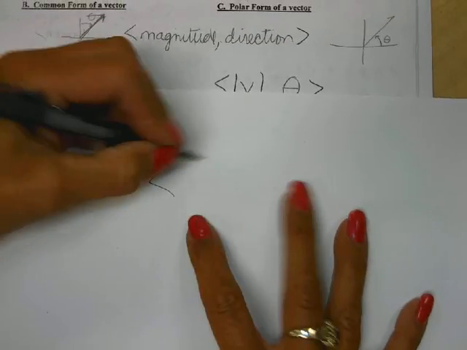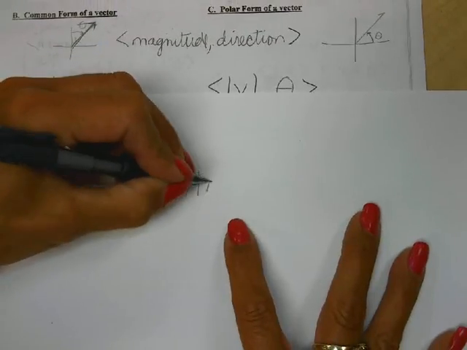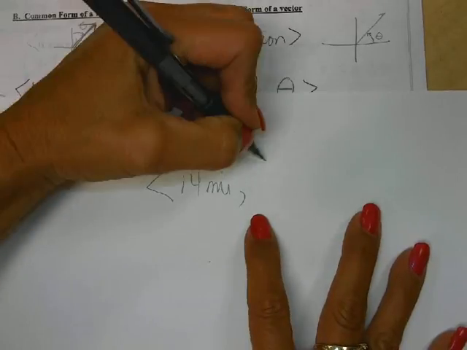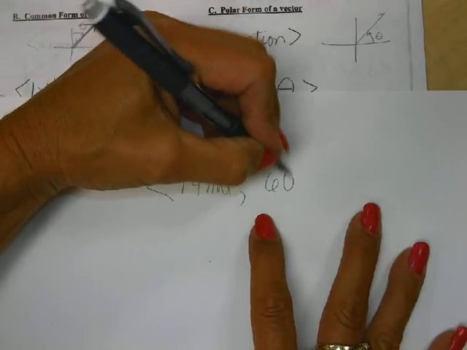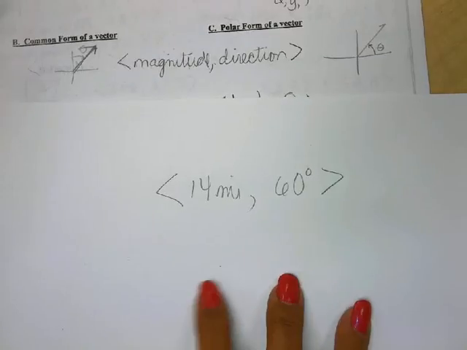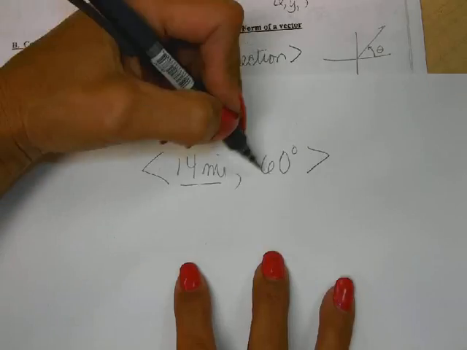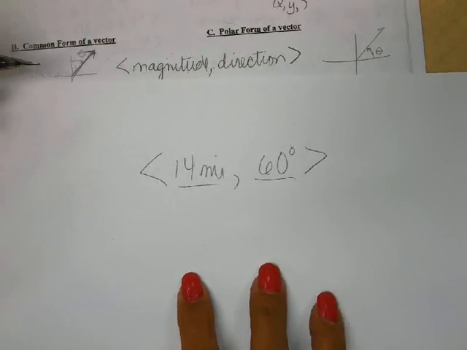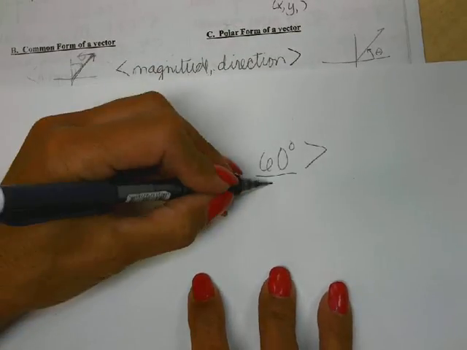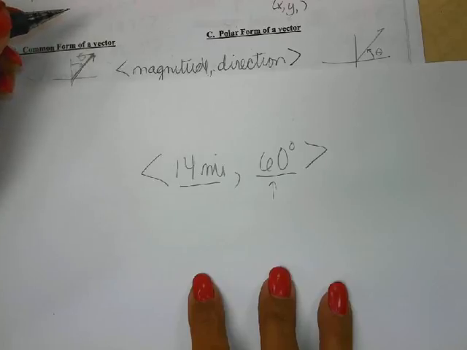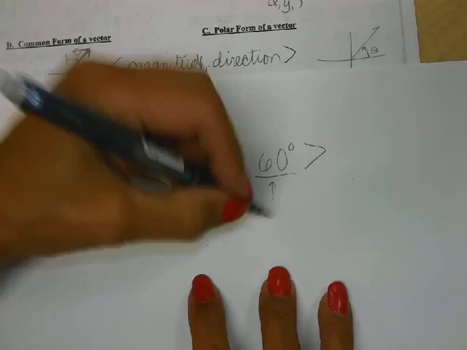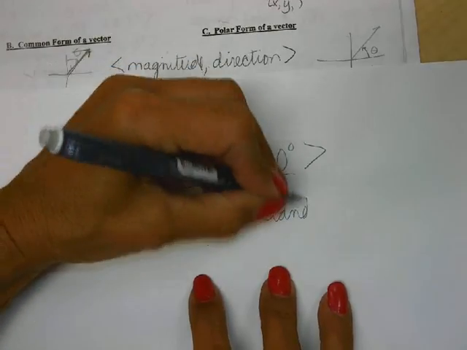For instance, if I had this vector and I tell you that I have 14 miles and an angle here of 60 degrees, there's the magnitude or the length of my vector, and here is an angle for my vector, but I would need to describe to you what this angle is standing for.